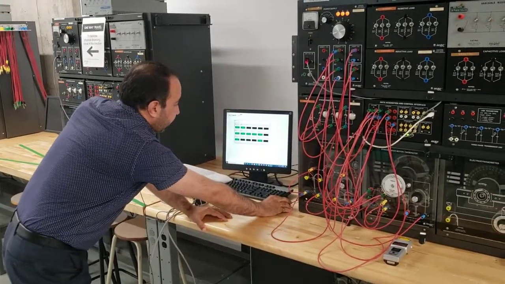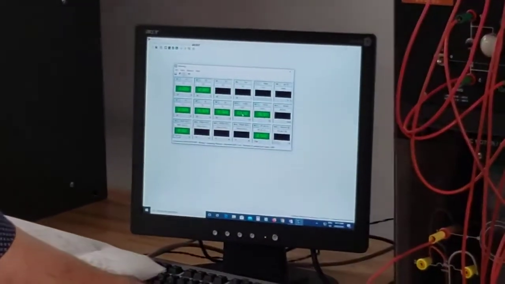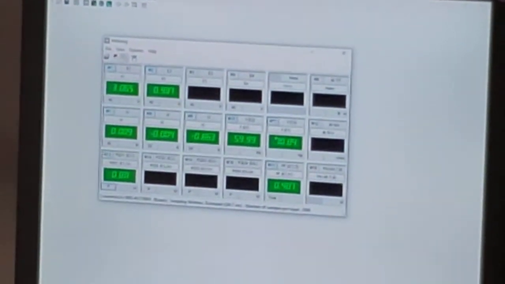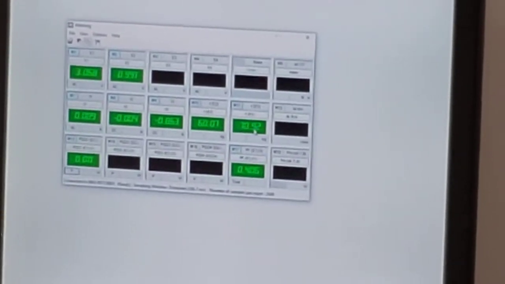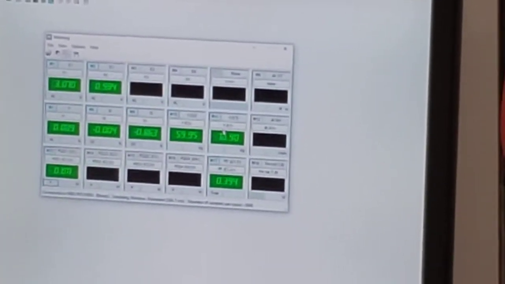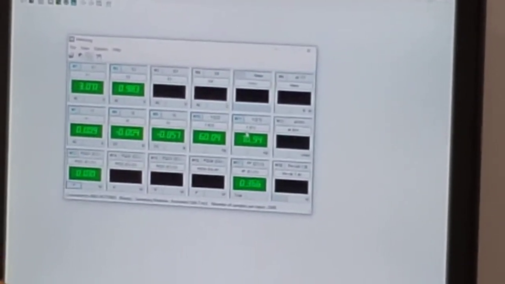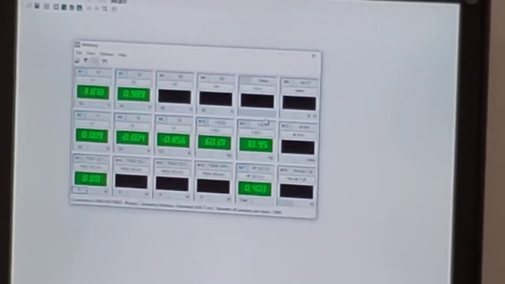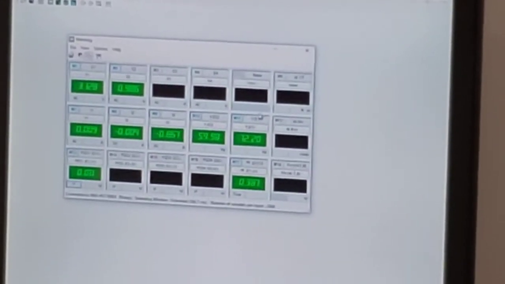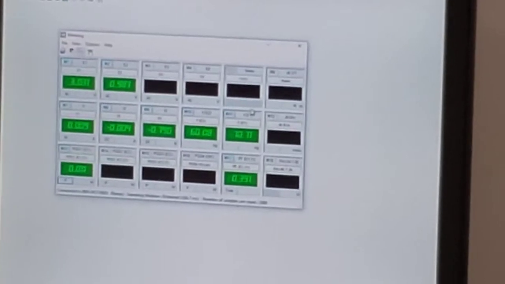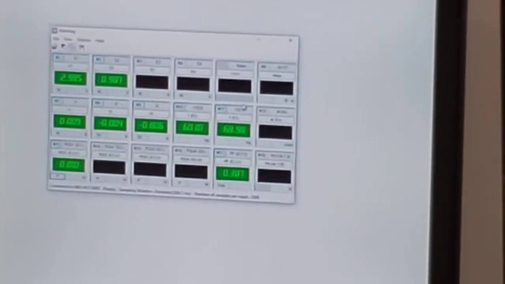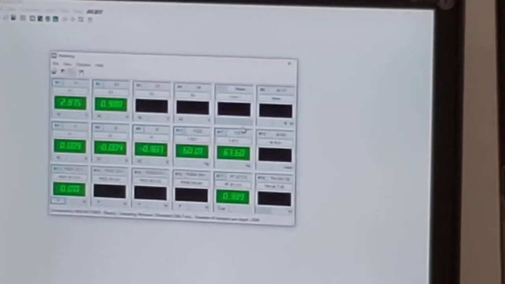But like what you are seeing here, the frequency for the grid is 60 and the frequency for the synchronous generator is 70. So I can play with the frequency by adjusting the speed of the DC motor, which is the prime mover. And this is what I'm doing here.